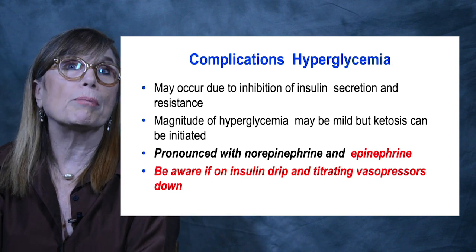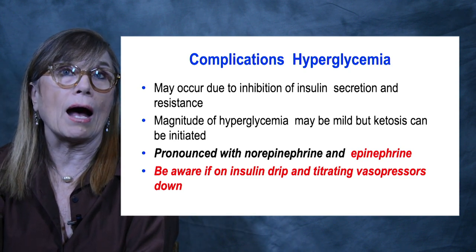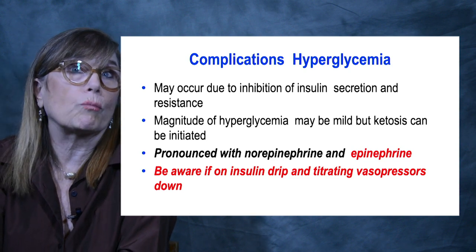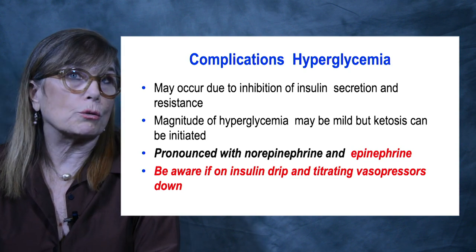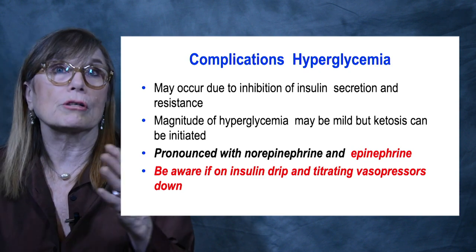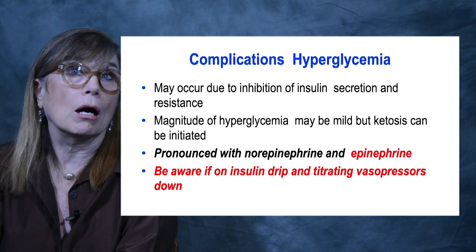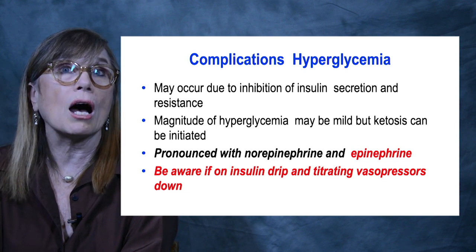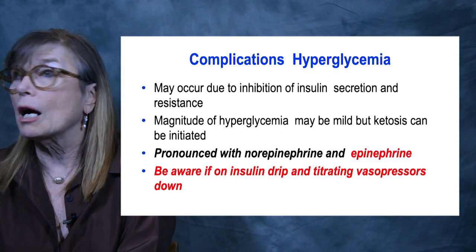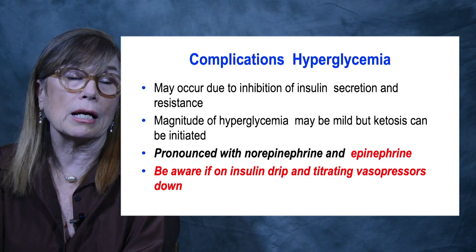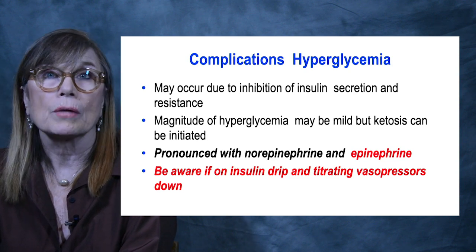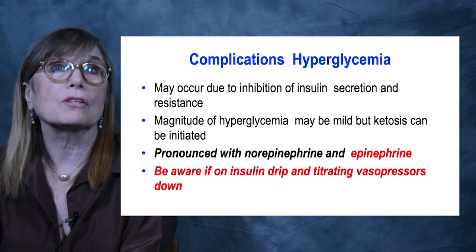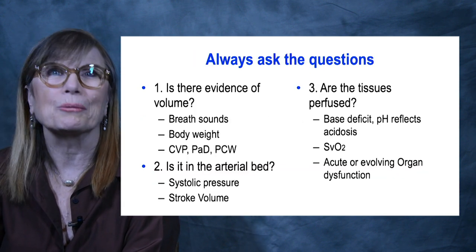So always be prepared, as you're titrating down, that you may need to also titrate down the insulin, and rather rapidly. In our ICUs, we're so fortunate that we use Glucommander to guide us to insulin increase and insulin reduction. Make sure you're doing your blood sugars on time, and do blood sugars when you're aggressively titrating epinephrine and norepinephrine down. Be aware if patients are on insulin drips and you are titrating vasopressors down.